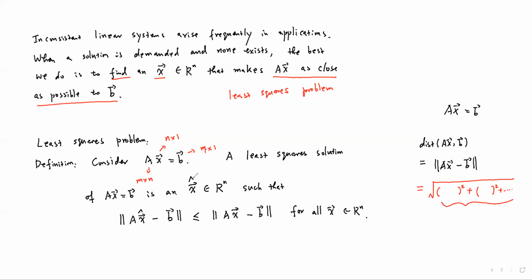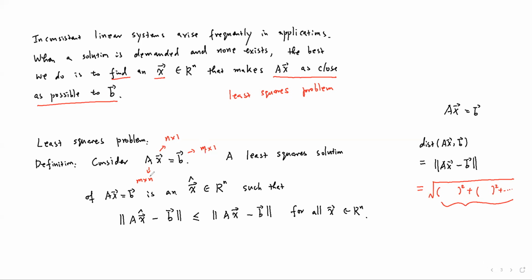Now, how to find x hat? We need to use orthogonal projection. First, let me cut the matrix A into columns.